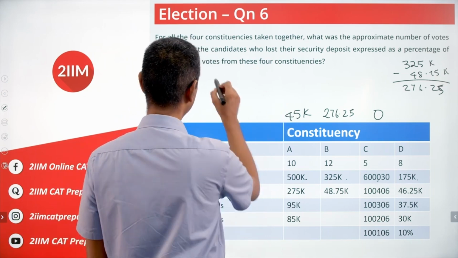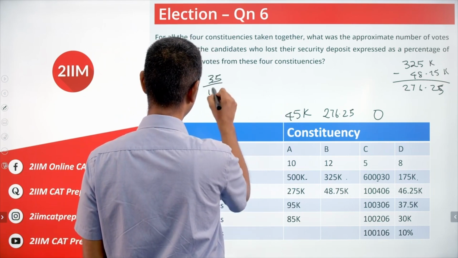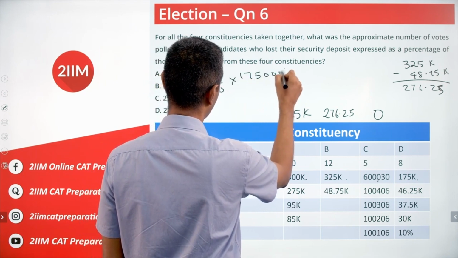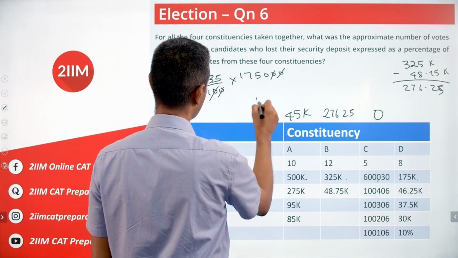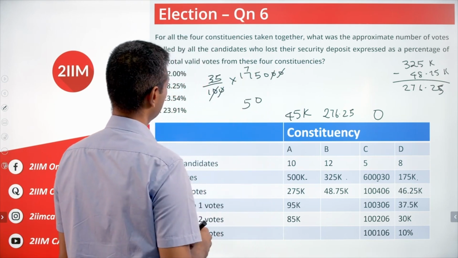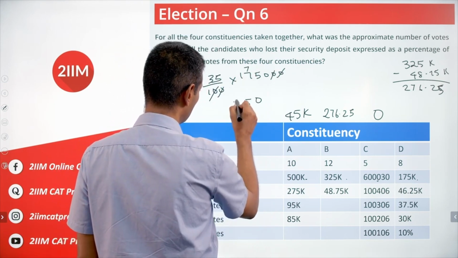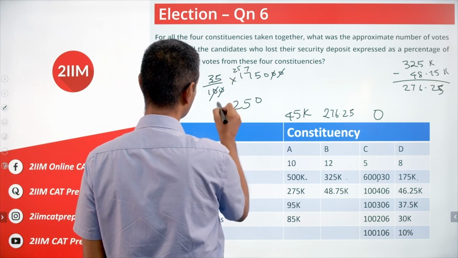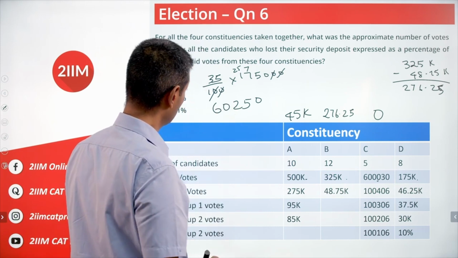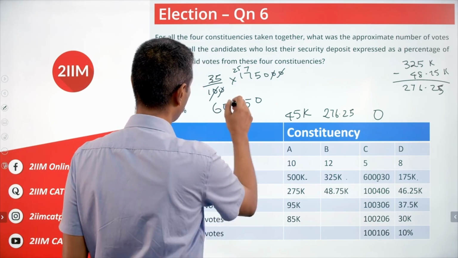I have to find the number. So 35 by 100 times 175,000. 35 5s are 175, 35 7s are 245. That gives 60,250, so 60.25K.